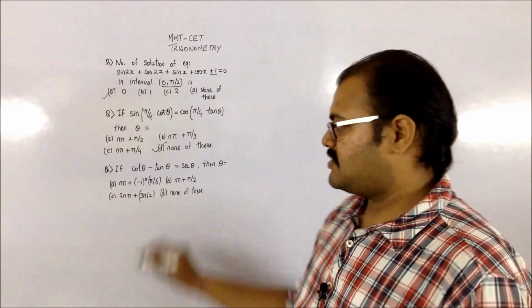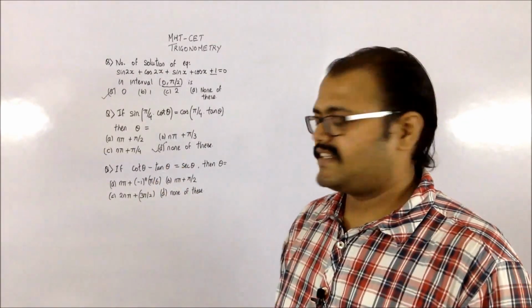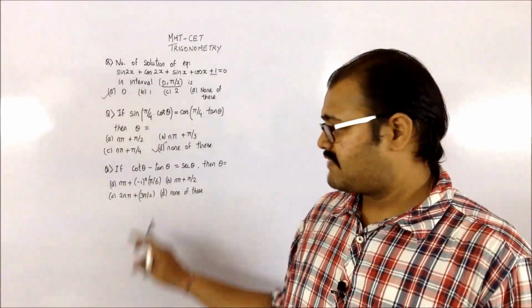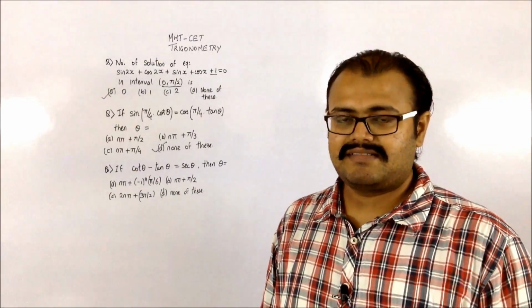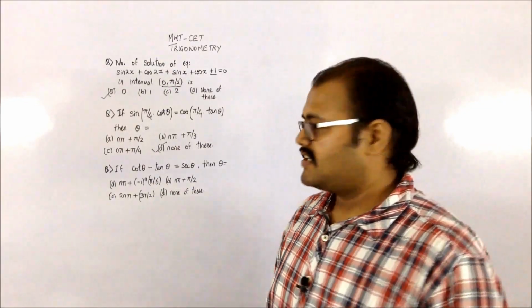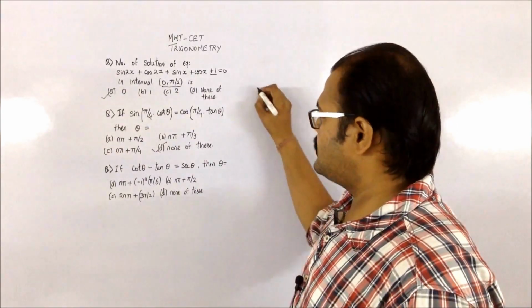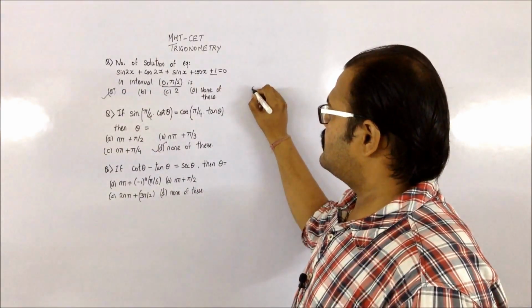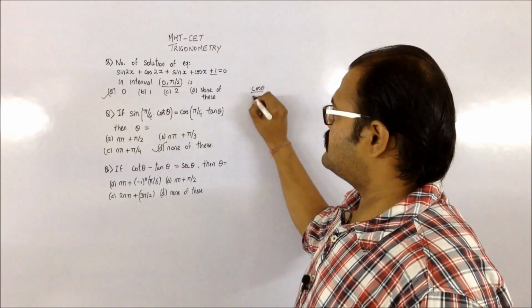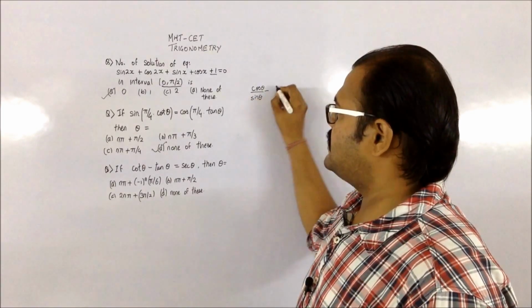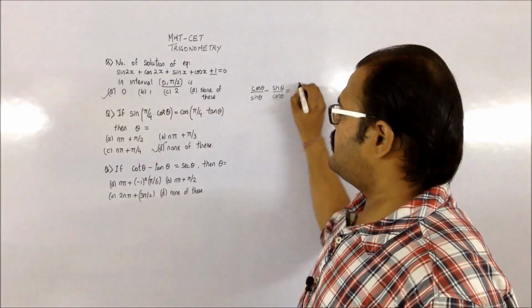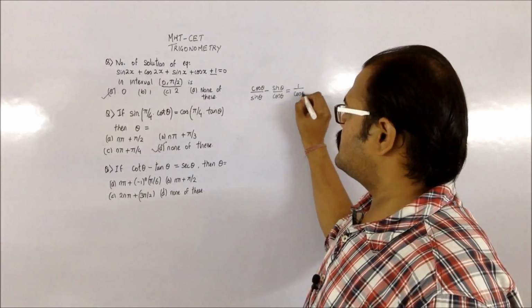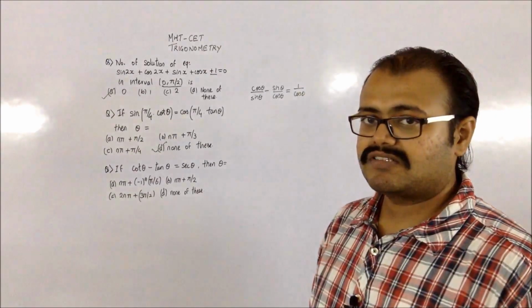Moving to the next one, you are having cot theta minus tan theta equals sec theta. Whenever you are having cot and tan, it is better to convert it into sine and cos. Most of the time it works. So doing the same thing again, I will be getting cos theta upon sine theta minus sine theta upon cos theta equal to 1 upon cos theta, because sec theta is 1 upon cos theta.